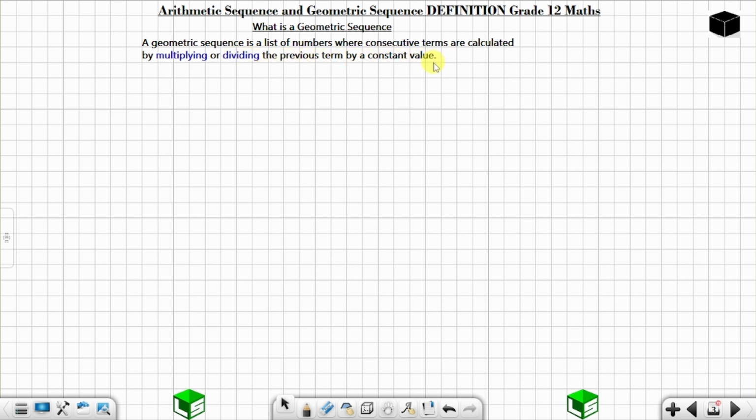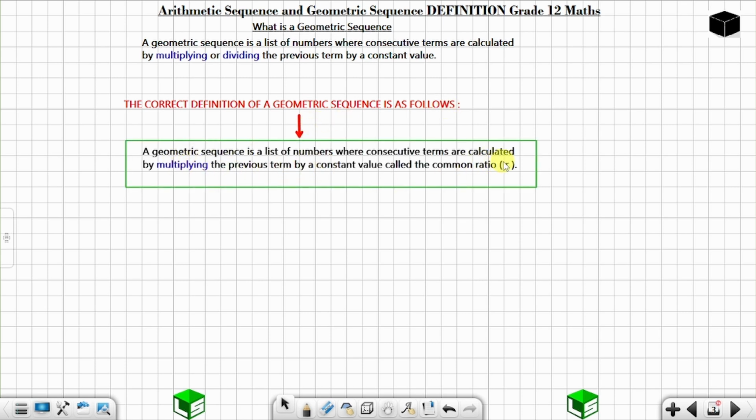So, to avoid the confusion, the correct definition of a geometric sequence is as follows. You are going to use this definition, which says a geometric sequence is a list of numbers where consecutive terms are calculated by multiplying the previous term by a constant value called the common ratio, r.